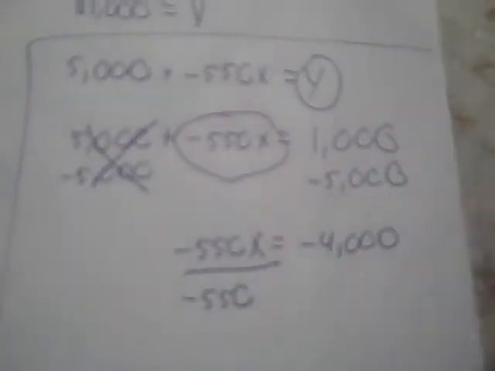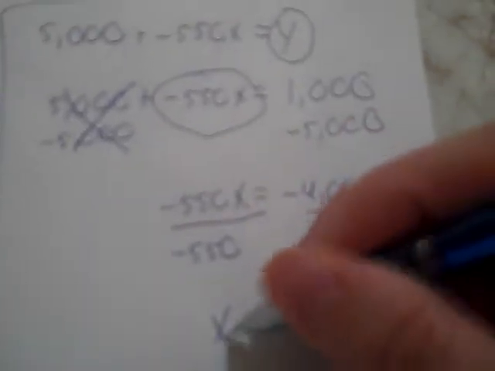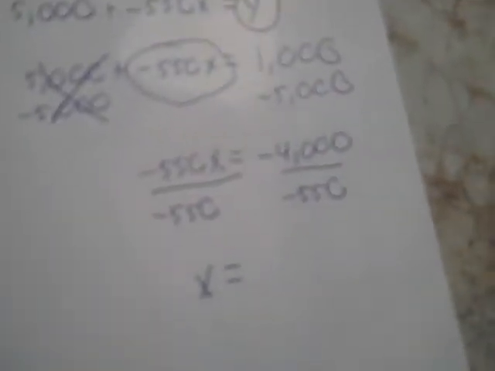And then it's dividing time. Divide by negative 550, divide by negative 550, and we should be good. Okay, I got 7.2, so it's going to be 7, okay? When it's going down like that, you want to always round down, to the nearest integer.